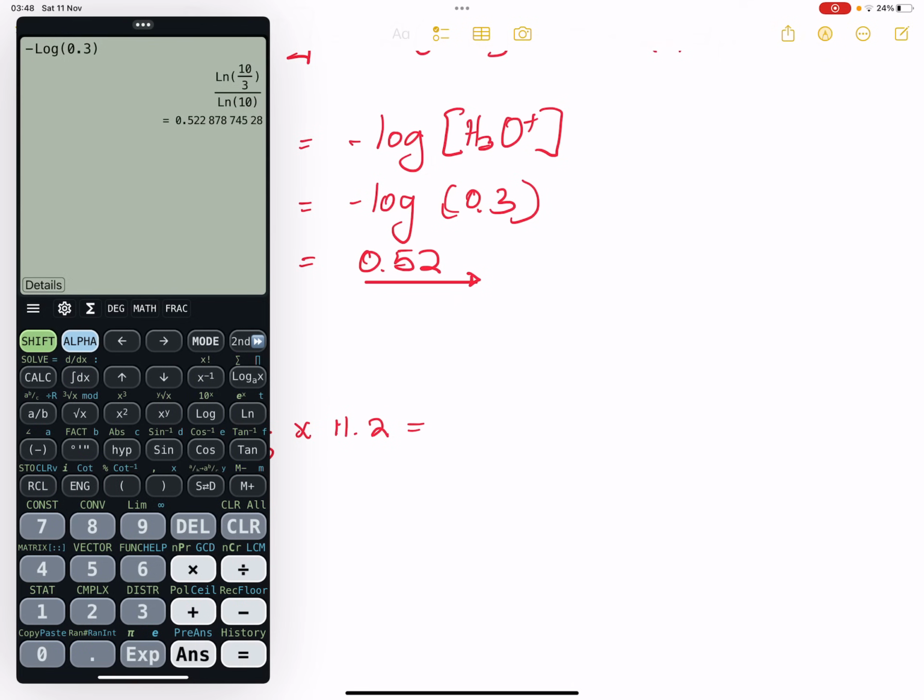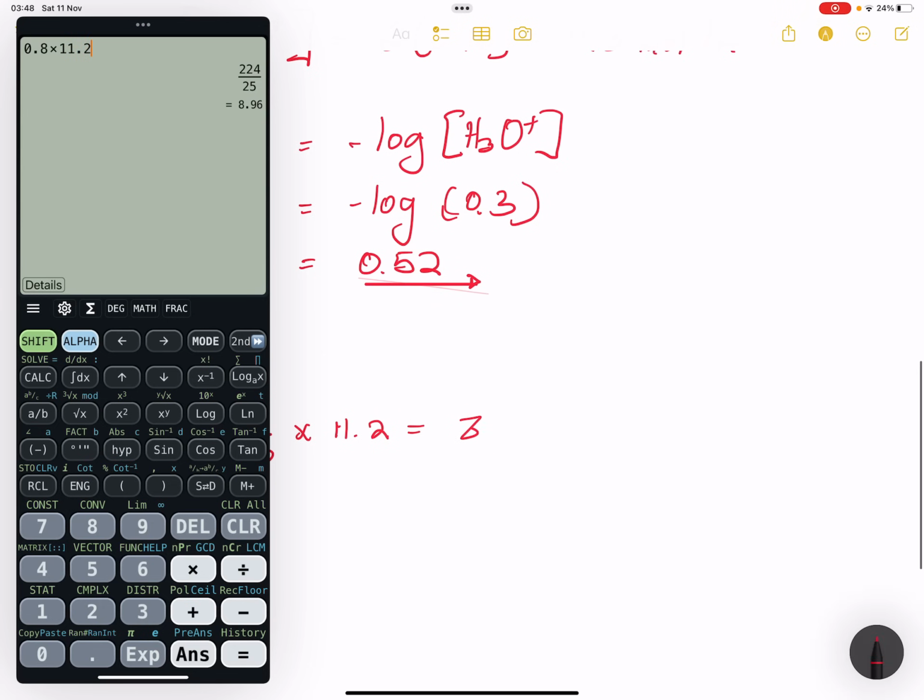So that's 0.8 times 11.2, which means the mass of pure potassium hydroxide should be 8.96 grams.